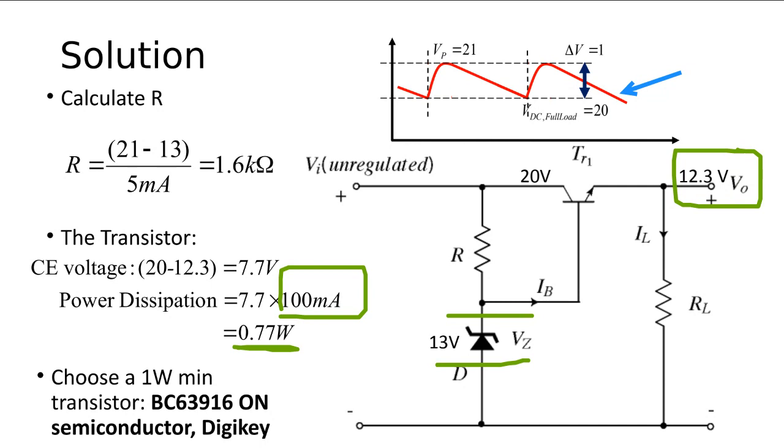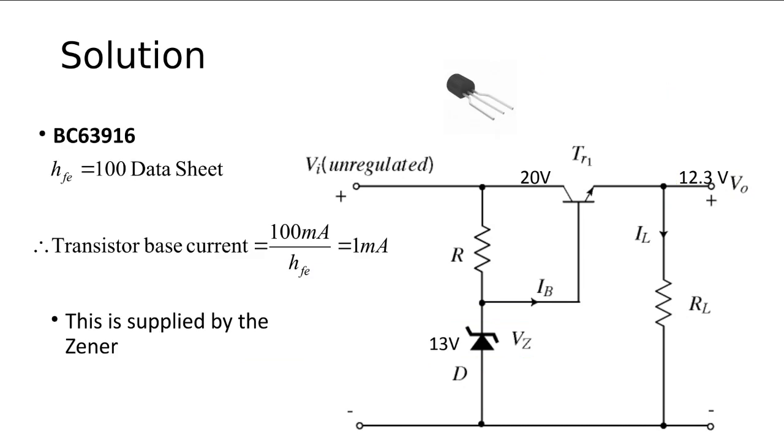Let's see what we have in 1 watt transistors. If you go onto the same DigiKey website, a manufacturer called On Semiconductor makes a lot of these diodes and transistors and so on. They have a particular transistor that is a 1 watt transistor that can handle this sort of current. You go and check the spec sheets, of course. This is what the transistor looks like, a normal small signal transistor.